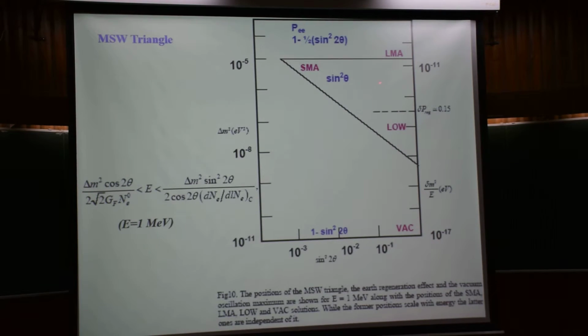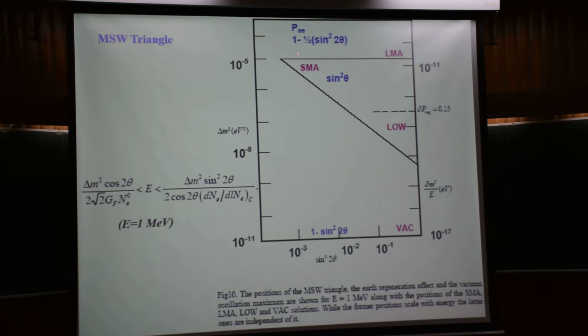What happens? The pp neutrino, less than 1 MeV, which dominates the gallium experiment, has energy that scales with mass, so for that you will be above the triangle. But the high energy experiment, boron neutrino more than 5 MeV, takes you inside the triangle. So you get sin square theta suppression for the high energy neutrino, and 1 minus half sin square 2 theta for the lower.